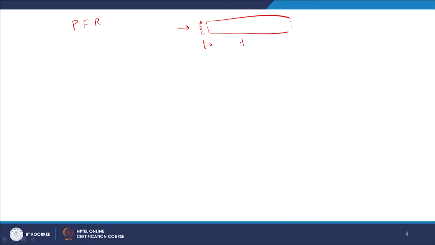After time t1, they will still be at the same lateral position, A, B, C. And they will also exit at the same time, A, B and C at time t2. So there is no longitudinal mixing here. A plug flow reactor, as we talked about, is usually found in engineered systems, and also rivers, canals and so on.